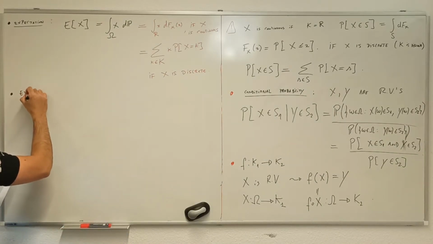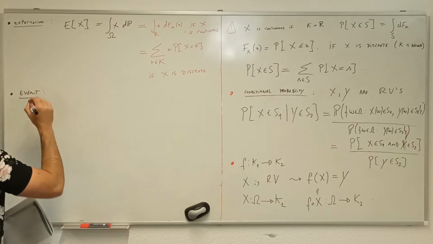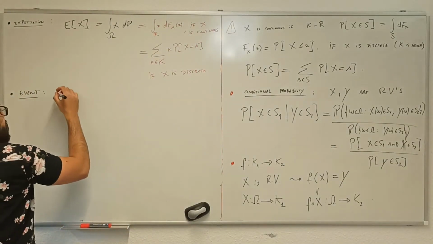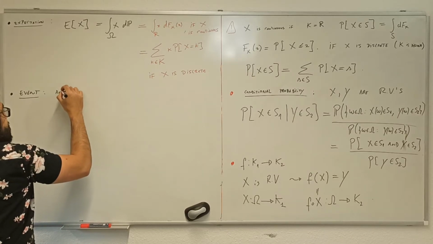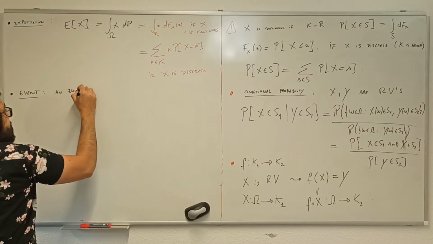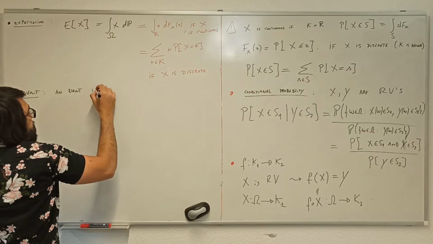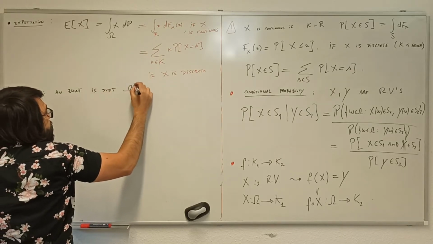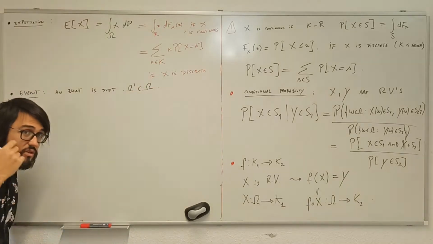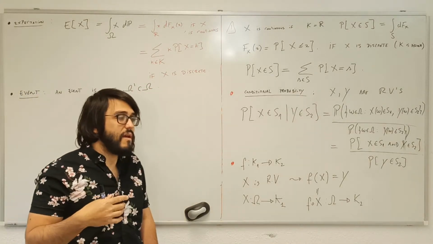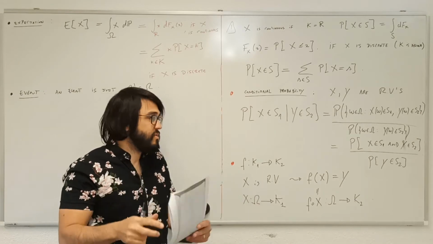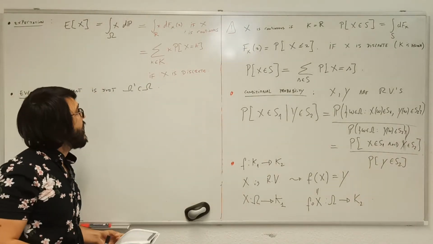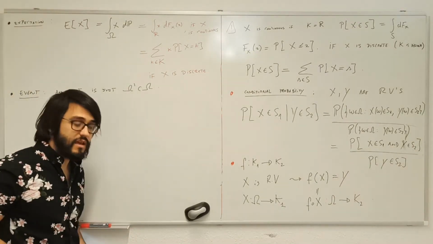So the word event here will be saved for meaning a subset, let's say omega prime of omega. I mean, there is an implicit random variable that was given here, and this is the probability space, and just taking a subset of that is an event.